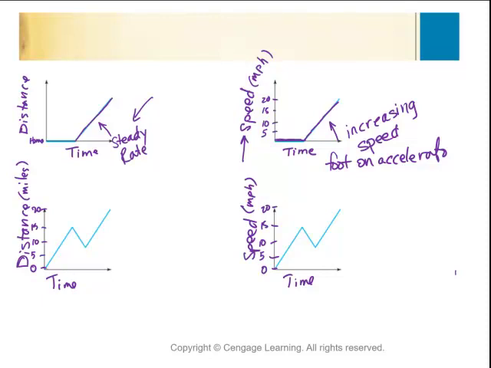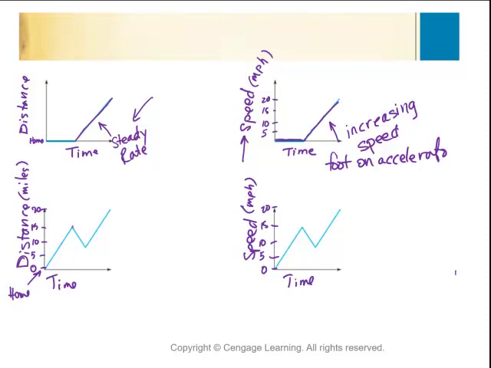I'm covering distance at a steady rate. So this is a constant speed or a steady speed. And I'm covering distance in miles, and I've covered 5 miles, 10 miles, 15 miles here. Now what's going on at this point is I'm now going back towards home, if this were my home.